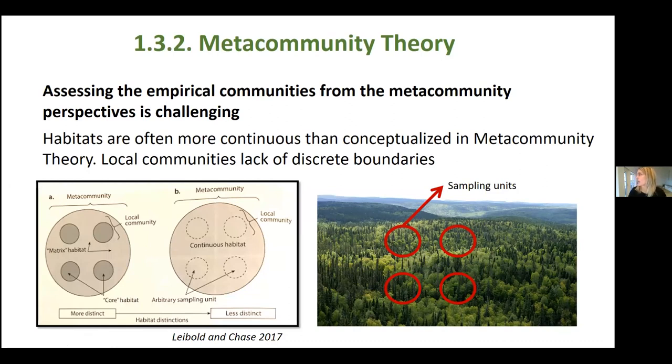Therefore, can we link HMSC to meta-community theory? Well, of course we can, but you always need to keep in mind the nature of your data, because it usually comes from this kind of situation with non-well-defined habitat patches and local communities, and therefore it becomes more complex to really go to the processes that are behind the patterns that you find in your data.